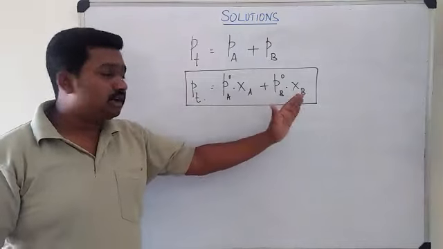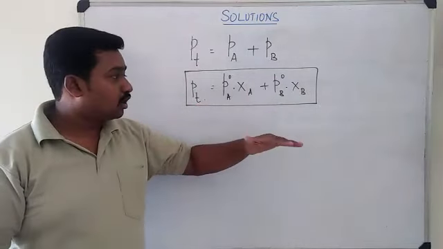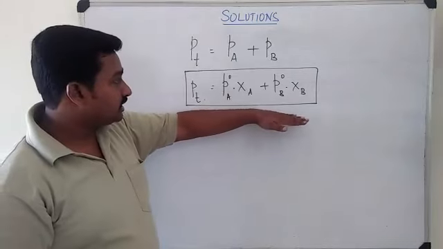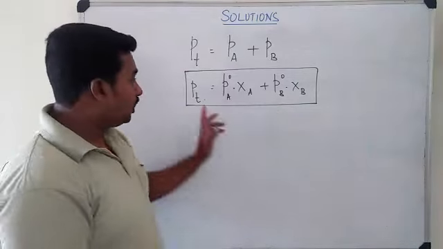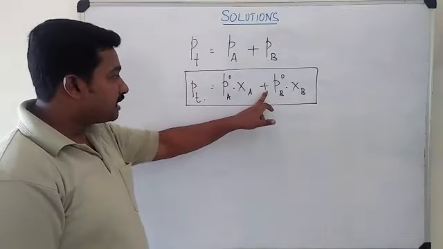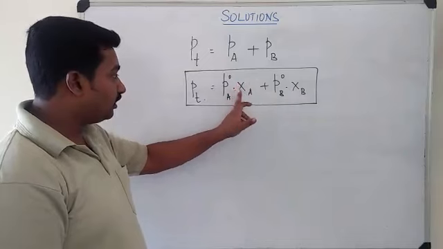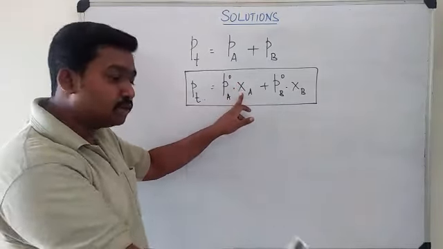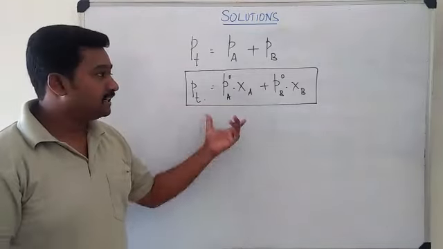Of course, one component will be the question and all other values they will provide in the question. So please remember this equation, it's very important. The total vapor pressure of a binary solution is the sum of the products of the vapor pressure of the pure component and its mole fraction in the solution. That is the expression.